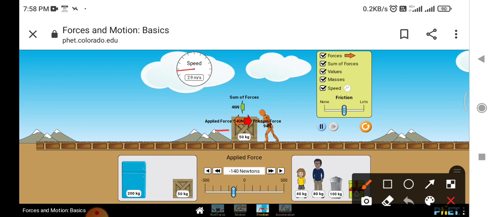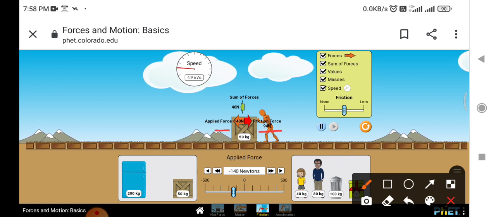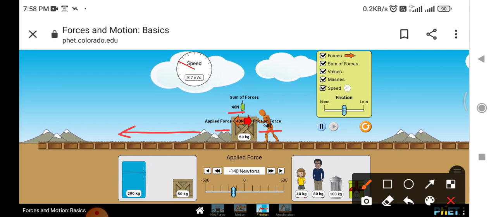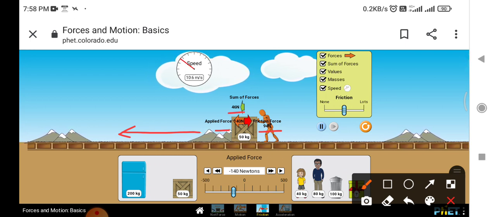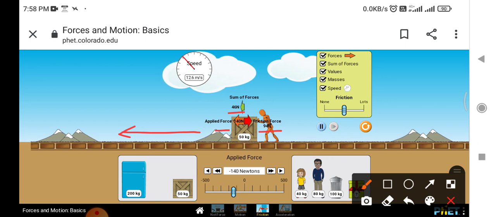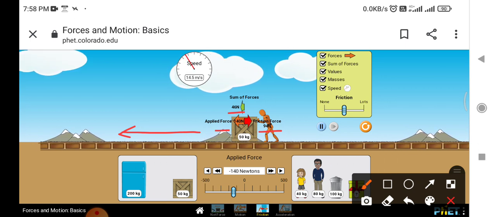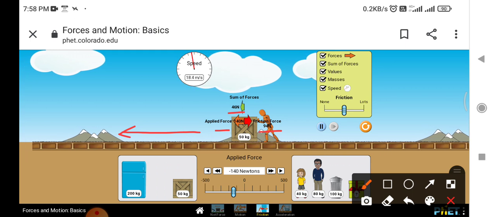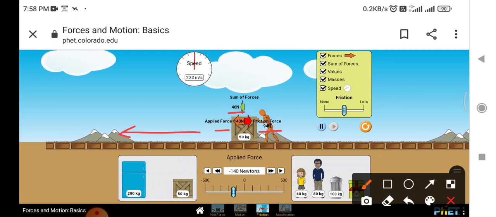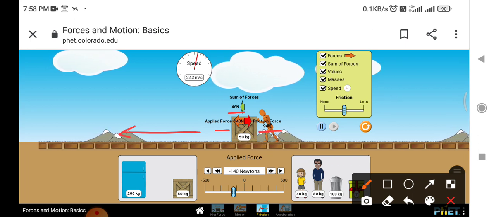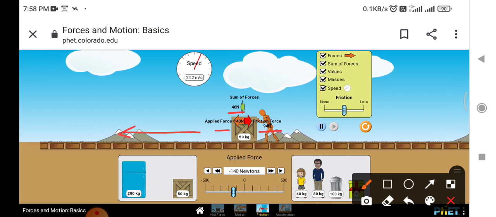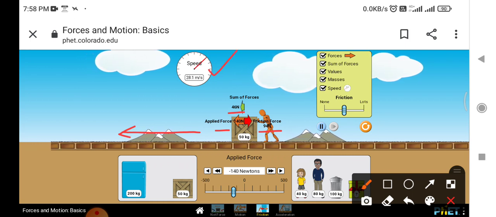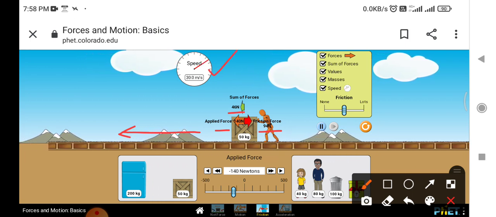Now see, the applied force is greater than the frictional force, so the object moves in this direction. The sum of the forces is 46 Newton. After some time the applied force goes to 0 and the frictional force is more than the applied force. We will see. Wait. See the speed of the object here.